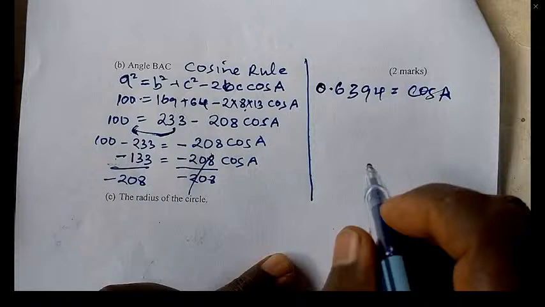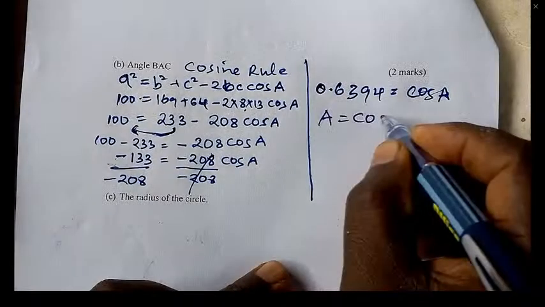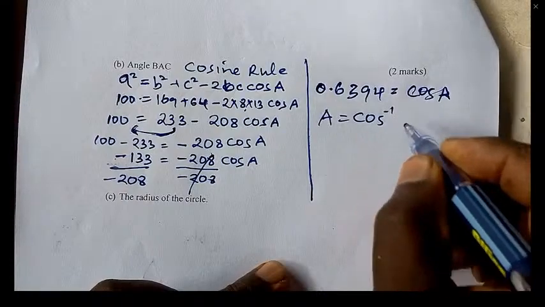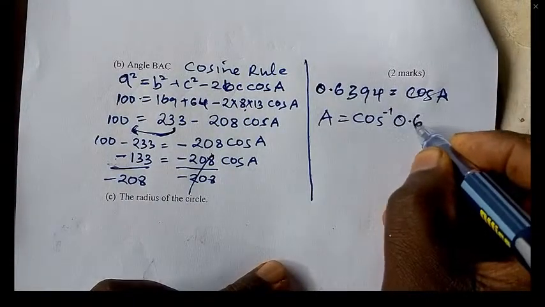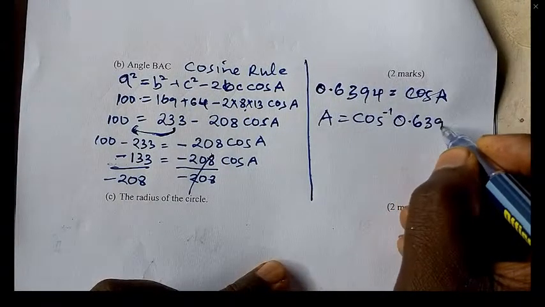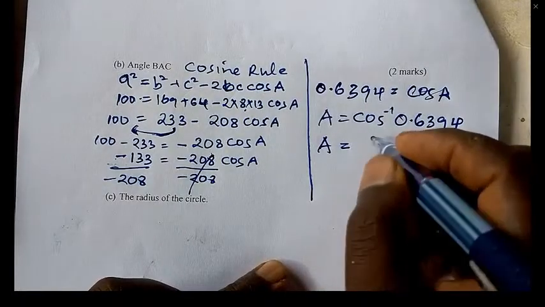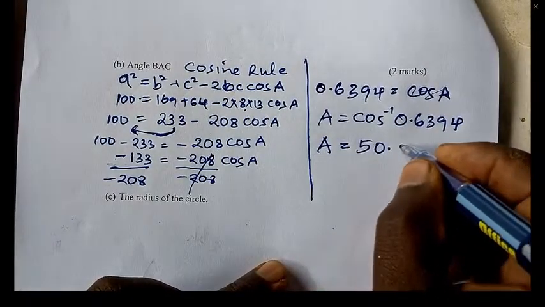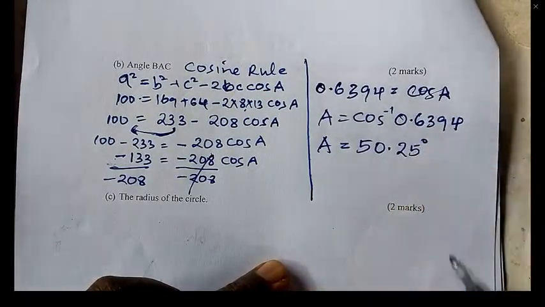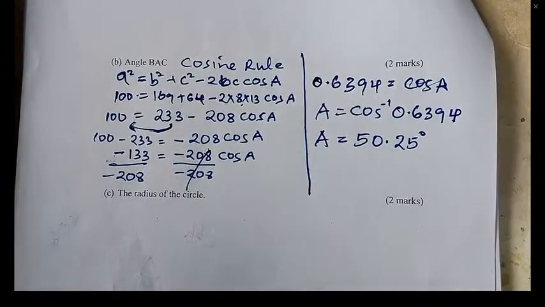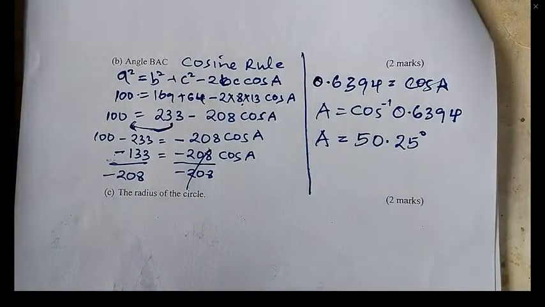So to get A, you find angle A is equal to cos inverse 0.6394. So A itakupea 50.25 degrees. So tumepata angle A like that.